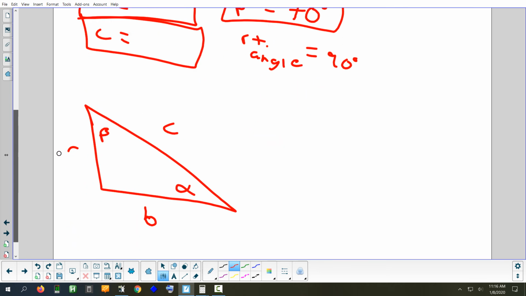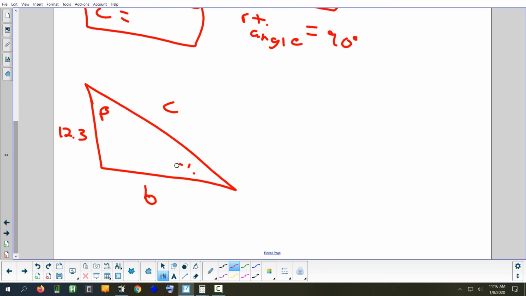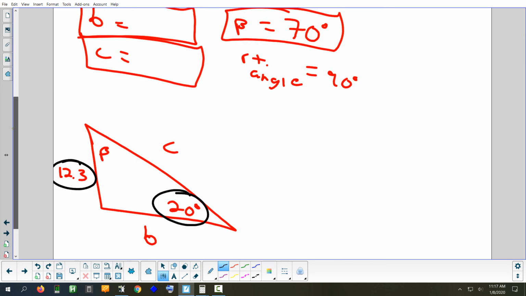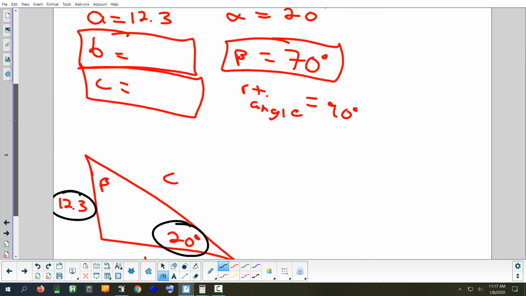So A is 12.3. Alpha was 20. Okay, I'll circle those because those are the two that I'm going to use each time. Now, I didn't write beta because I don't want to get messed up and accidentally use it. So I wrote it in the answer, but I'm not going to put it in my diagram.